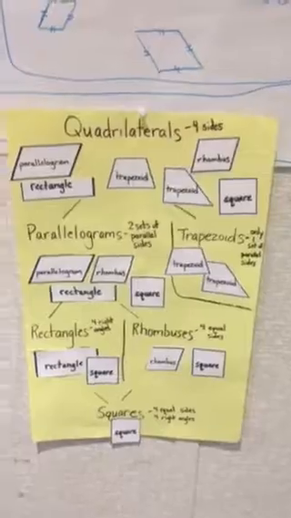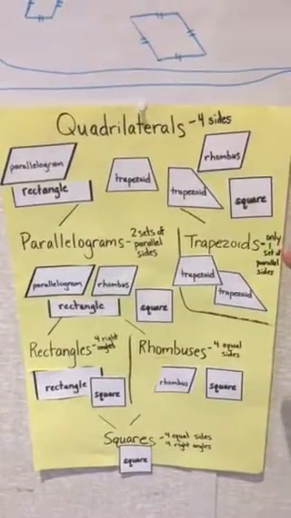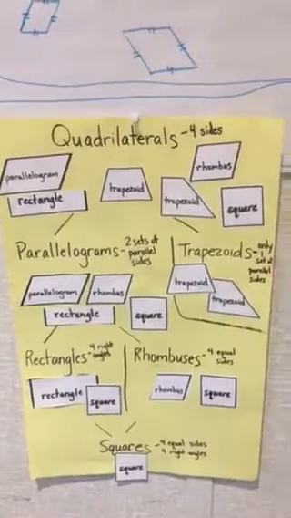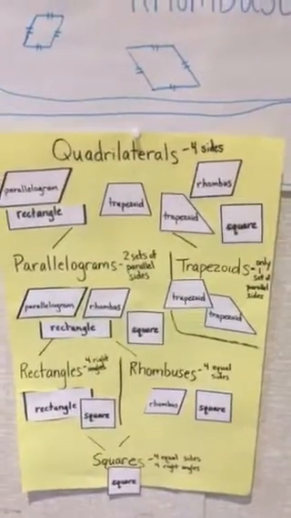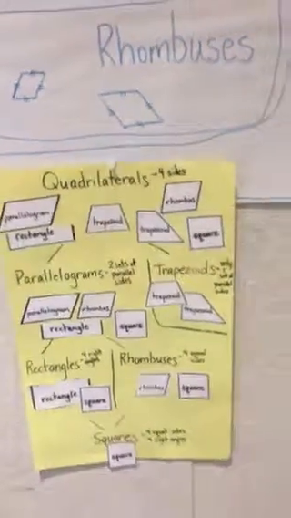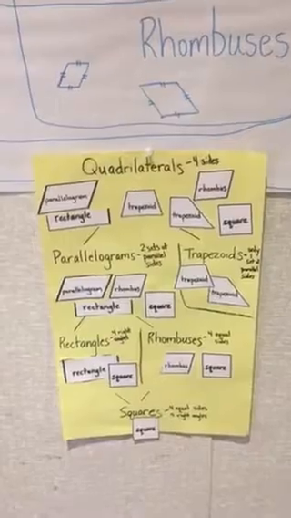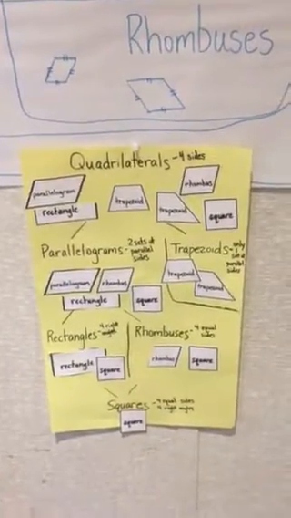What's not a parallelogram are these trapezoids over here. The trapezoids are not parallelograms because they only have one set of parallel sides. It could be the right side's parallel to the left or the top's parallel to the bottom, either one. But they're not parallelograms, they're trapezoids.